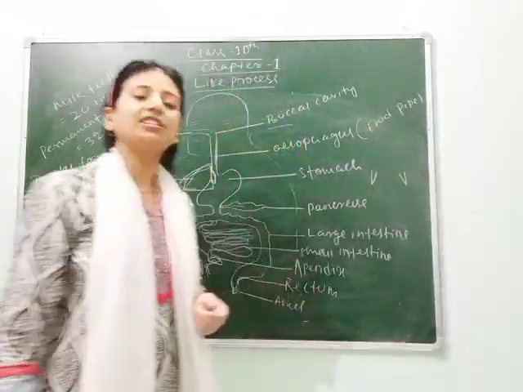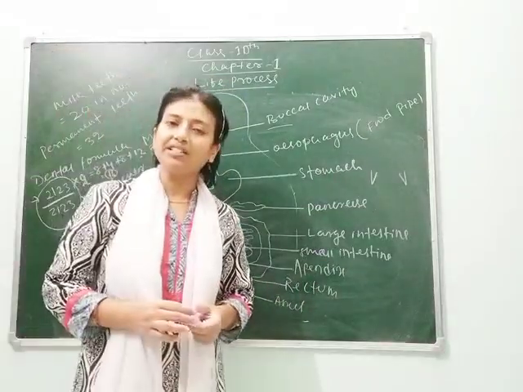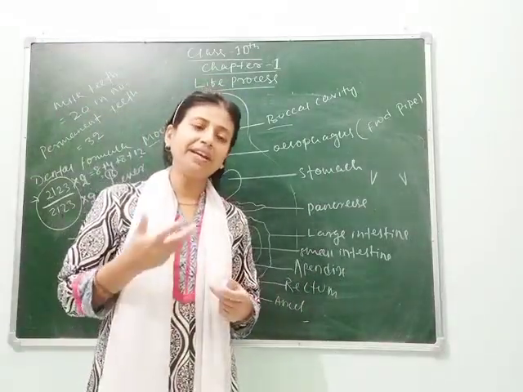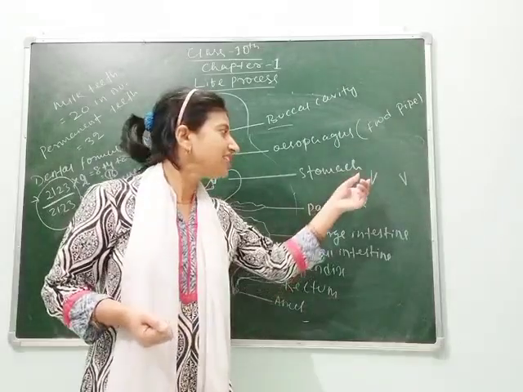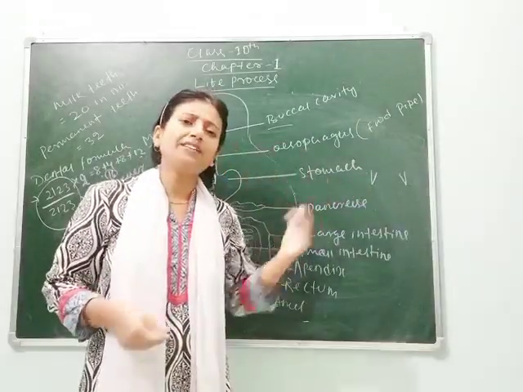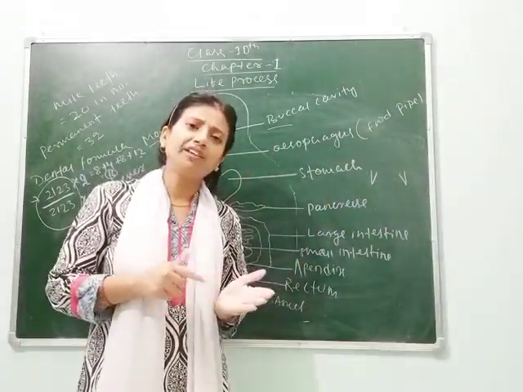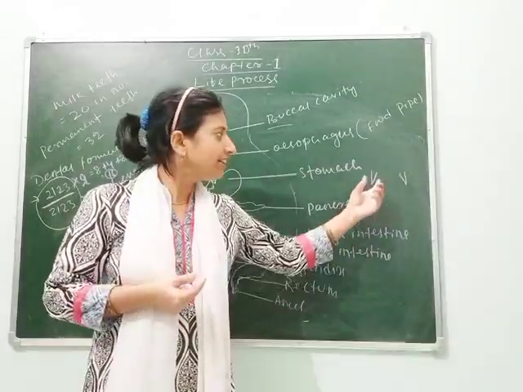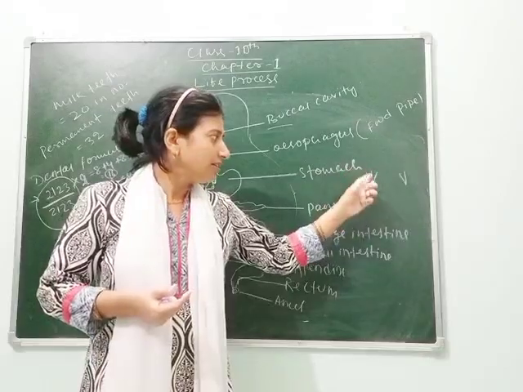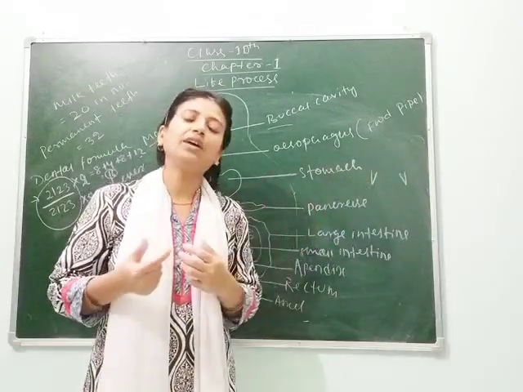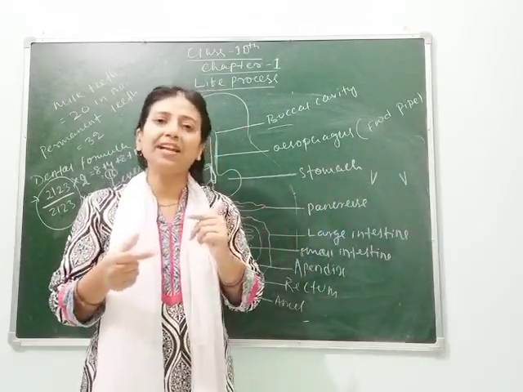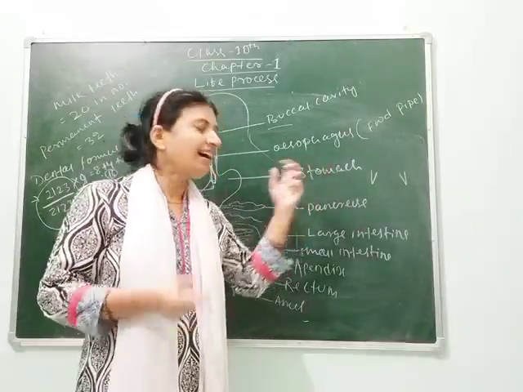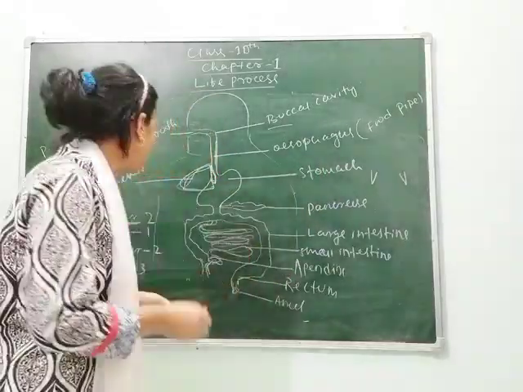This is present in us, though we are not taking meat. It shows that during evolution, when humans evolved, they must have eaten meat. That's why their teeth were modified, or their structure is like this. But gradually, when we started eating both meat and plant products, our teeth got modified into different structures.